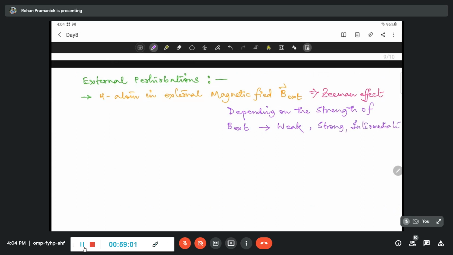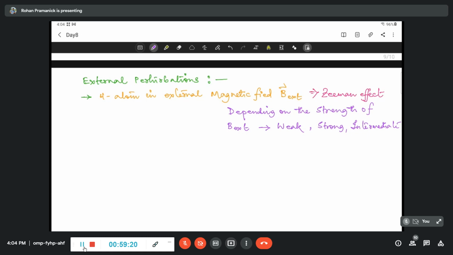What this means is that if your external magnetic field is weak, then the fine structure, whatever we did, dominates, and we can treat the external magnetic field effect as a further perturbation over fine structure.